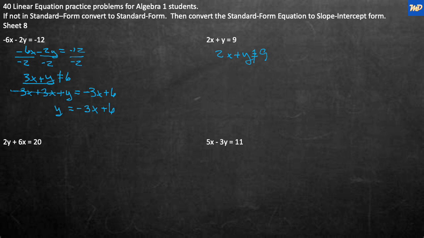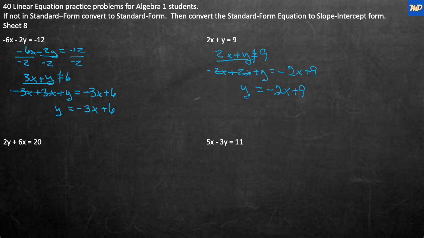Here, remember, minus 2x plus this whole side of the equation, 2x plus y is equal to minus 2x first, minus 2x plus 9. Cancel out the 2's. We end up with y equals minus 2x plus 9.